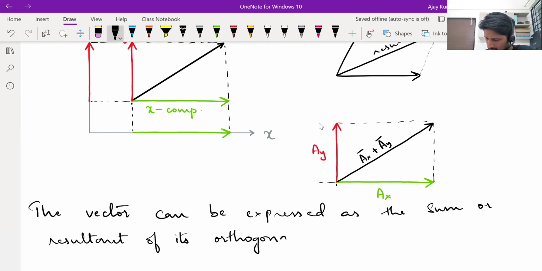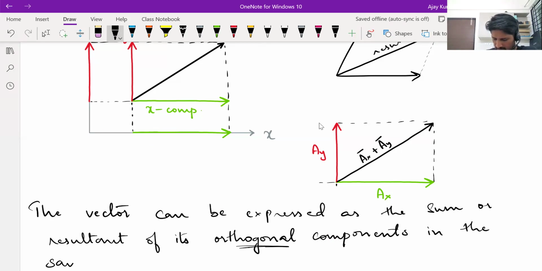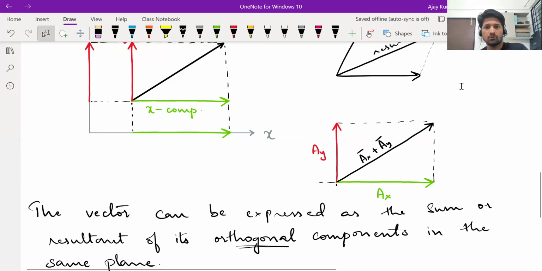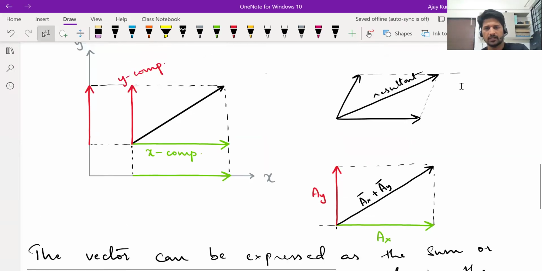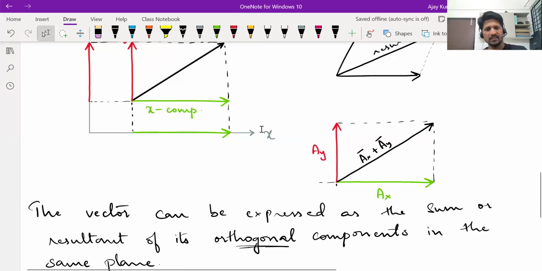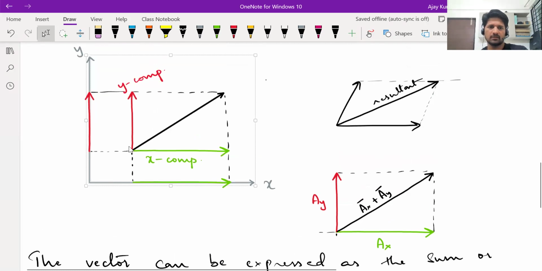Do any of you know the meaning of this term orthogonal? Orthogonal simply means perpendicular. Okay. So x component and y component are two mutually perpendicular vectors. They are mutually perpendicular components. Then the original vector can be represented as the sum of these two components. Okay, and this can be done with any vector, not just this one. Let's take another example also, just to be clear.